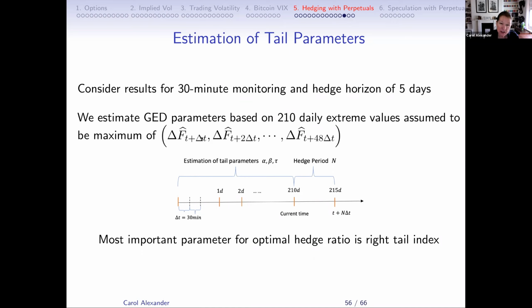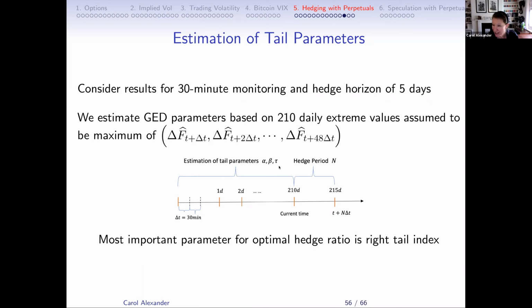And so we look at the change over the first 30 minutes, the change over the next hour, and so forth. It's the maximum of all these that we use for our tail index estimation. So we get one maximum, and then the next day we get another maximum, and so forth. We need at least 210 maximum values in order to estimate the parameters alpha, beta, and gamma.